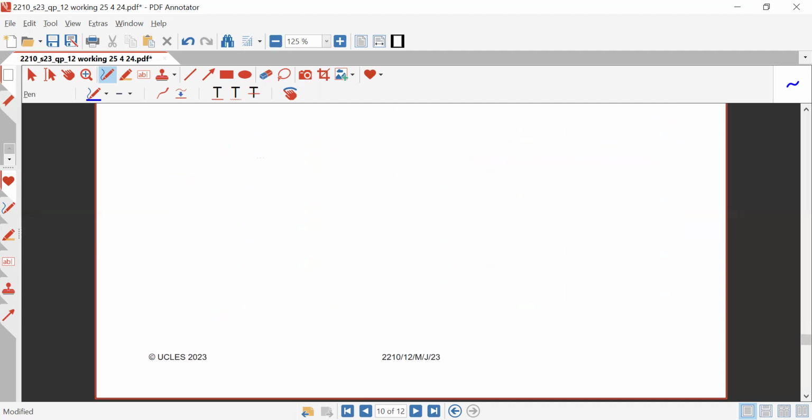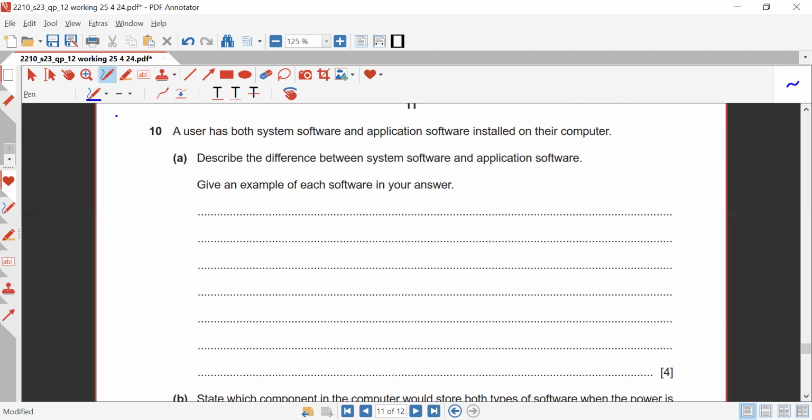So coming back to the next question. It says a user has both system software and application software installed on their computer. Describe the difference between system software and application software. Give an example for each software in your answer. So what is system software?